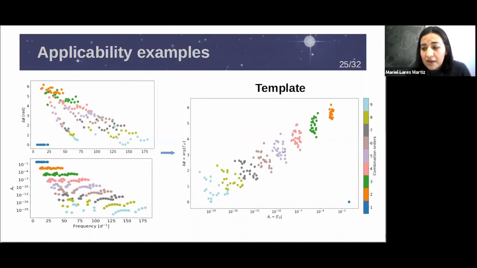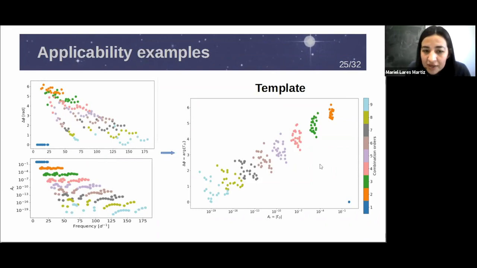If there's a possibility that high amplitude stars pulsate in non-radial modes, we expect them to be somehow different. Yeah, I understand now.